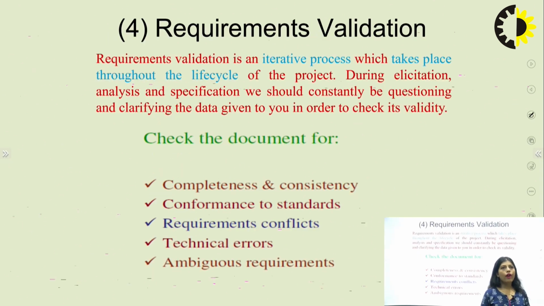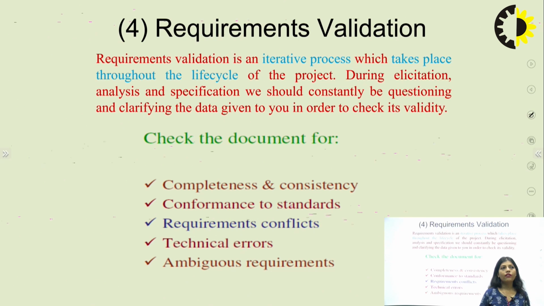Fourth is requirement validation. The fourth activity in the requirement engineering process is requirement validation. After the requirement elicitation, requirement analysis and requirement documentation, the last step is requirement validation. Requirement validation is an iterative process which takes place throughout the life cycle of the project.